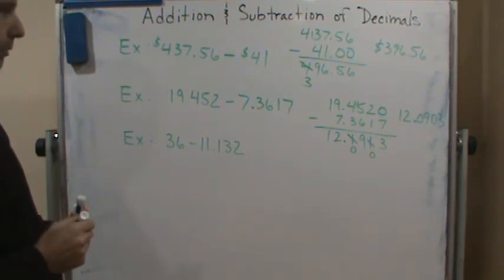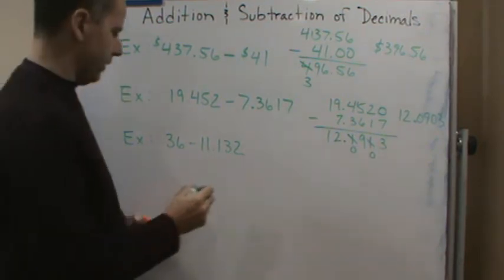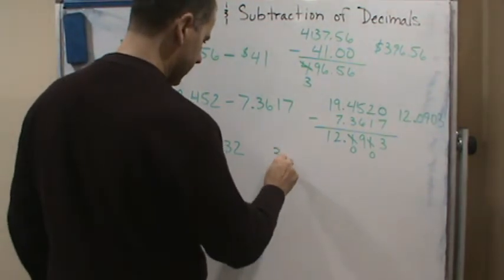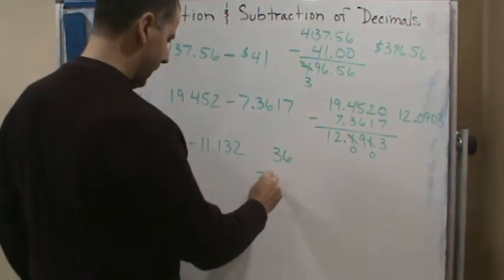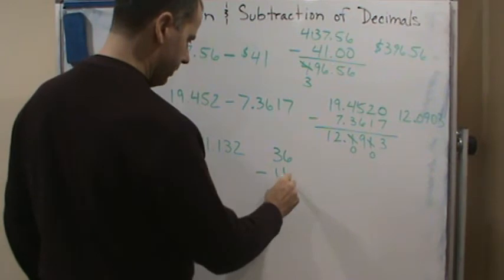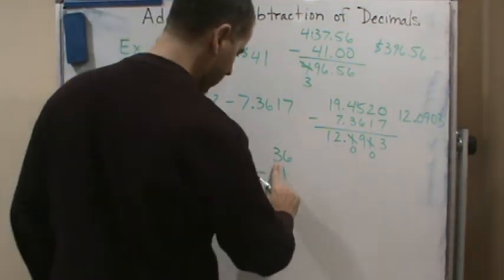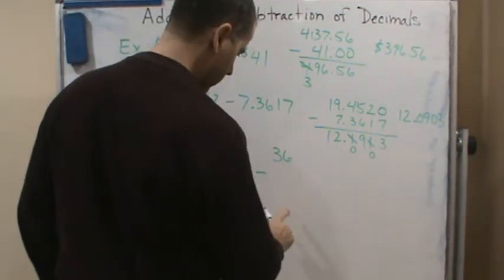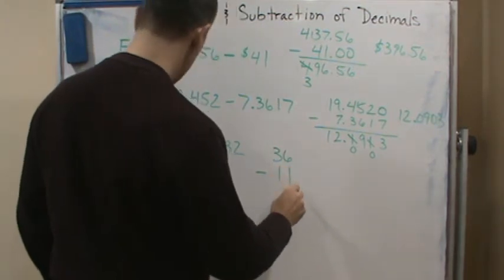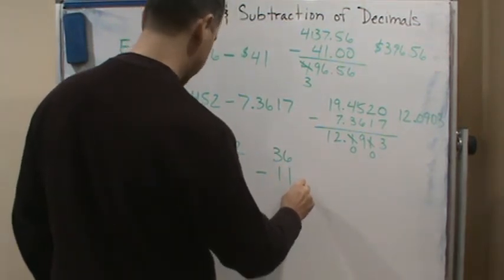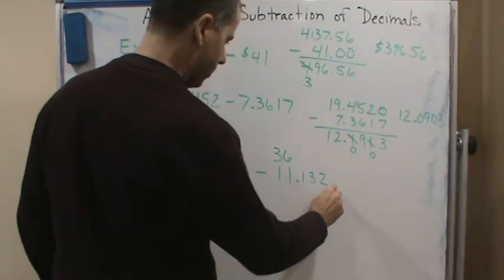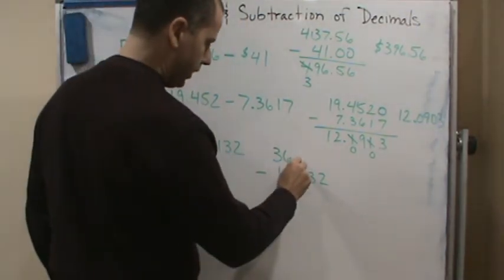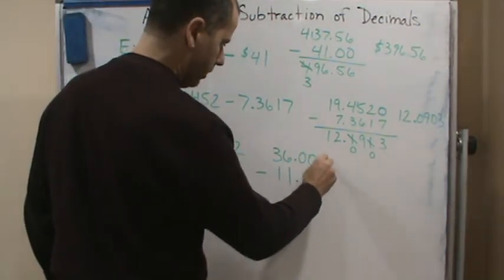And that's it. And then the last one is 36 minus 11.132. Oops, let me write that a little better. So now I'm going to put zeros here, right?